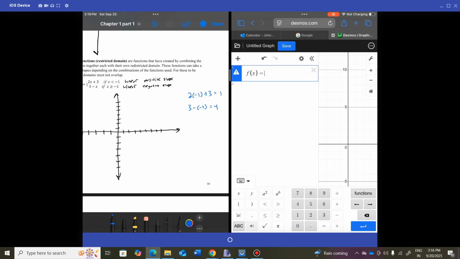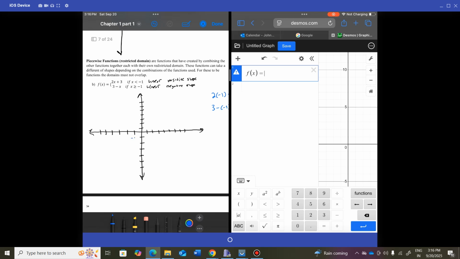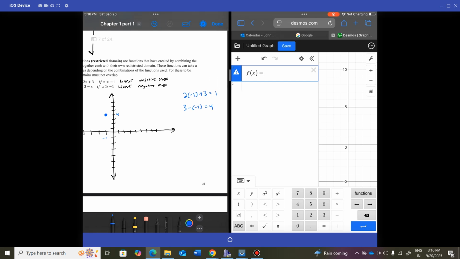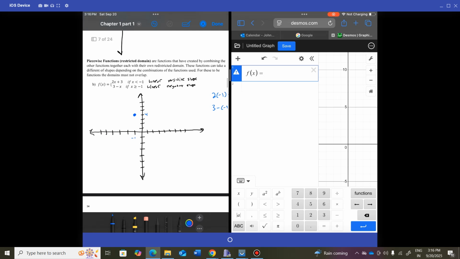Alright, now the bottom one's included. So at -1, you have 4. So it's included, we put a solid circle. The top one is not included. So at -1 you have 1, but it's not supposed to be there, so we'll put an open circle.